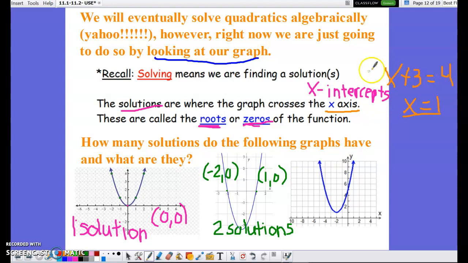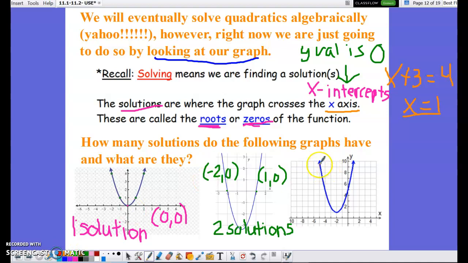Again, just as a reminder for x-intercepts, and maybe I'll make this note up here: remember, for x-intercepts, our y value is always 0, which we see in all of our points so far. And finally, our third option for the number of solutions is seen in this last graph.